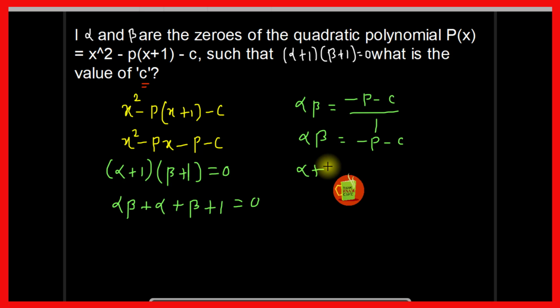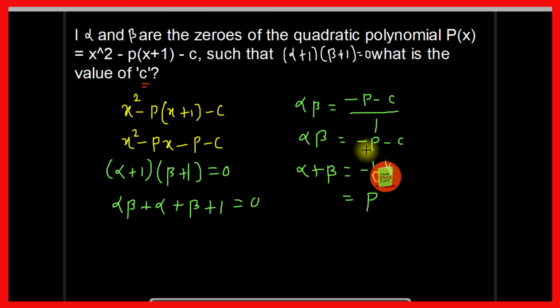And alpha plus beta is equal to minus b upon a. So b is what? Minus p. So minus and minus will be plus, so it will be p upon 1, that is equal to p.